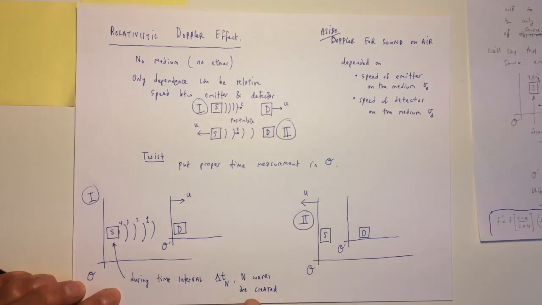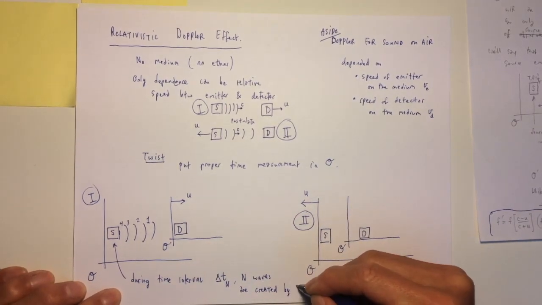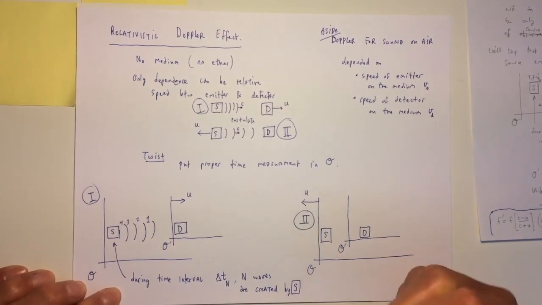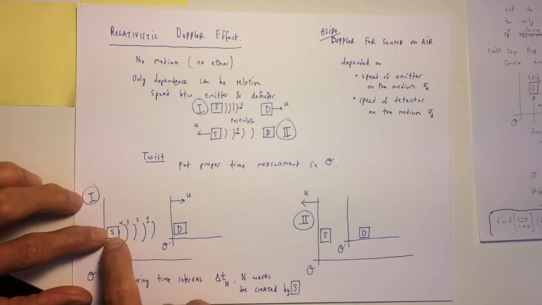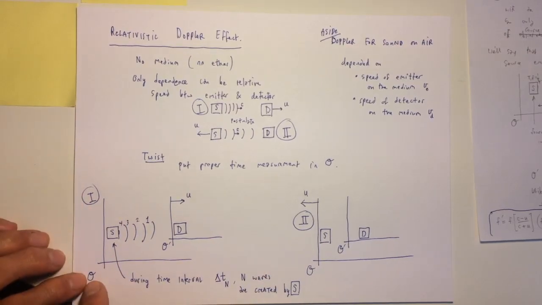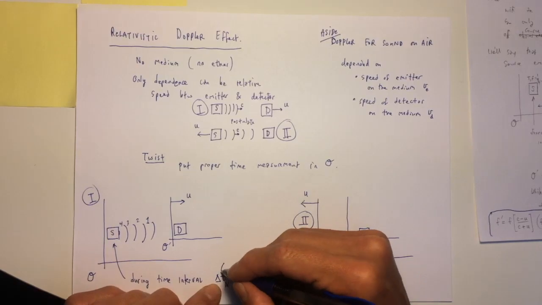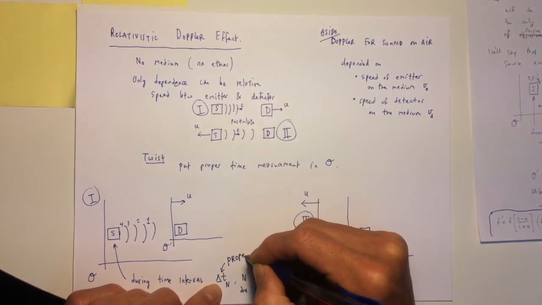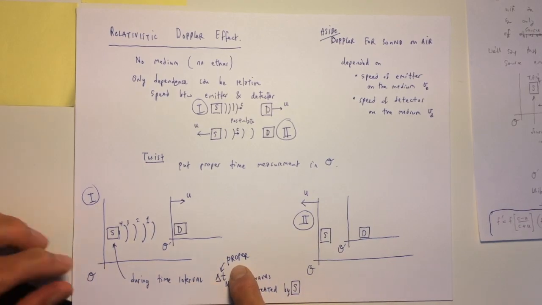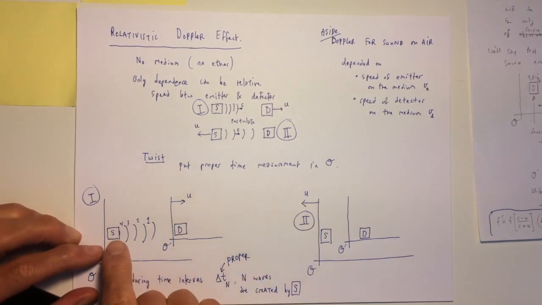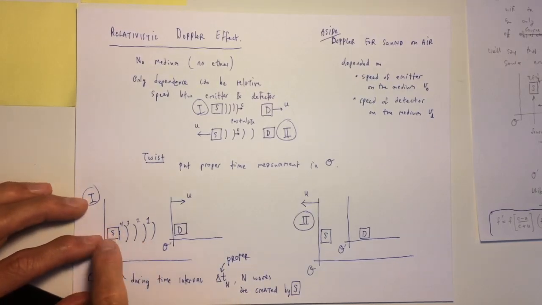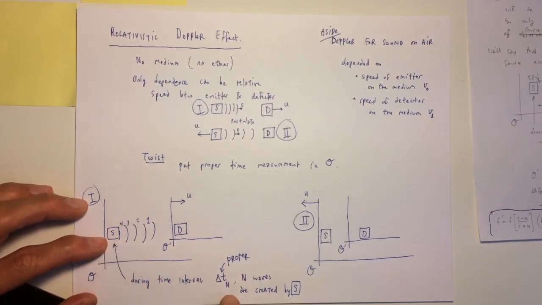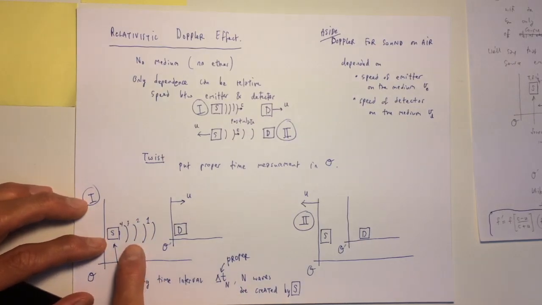So during this time interval, they are created by the source S. Because the source S is at rest in O, this time right here is a proper time. Because in a sense, you can use a single clock. It's a clock at the source, and that clock at the source measures out this time, and it's the time to watch 4 wavelengths get created in this picture. So it's the proper time, delta t sub n.